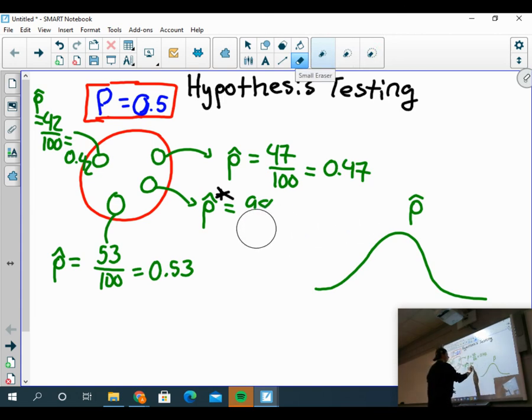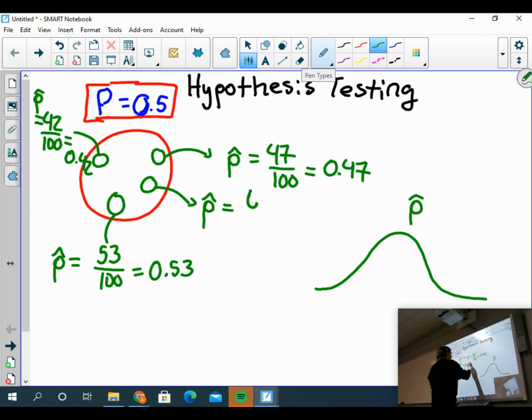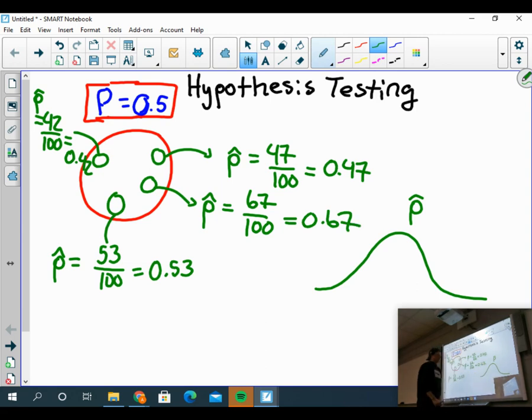But what if this was 67 out of 100? Well, we look at that and we go, if I sat here and flipped a coin 100 times and I got 67 heads, you're probably going, that's high, but I don't know if it's enough to say that it's not 50%. The question becomes, where's that cutoff point?